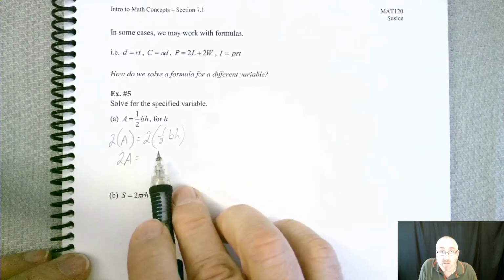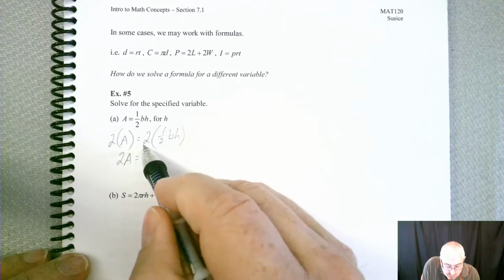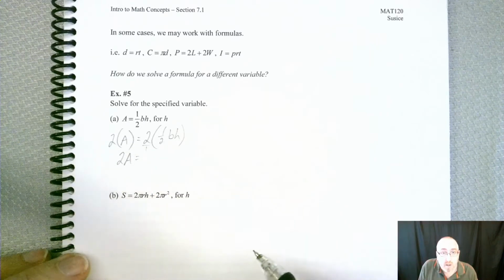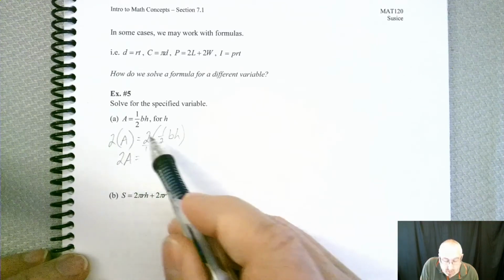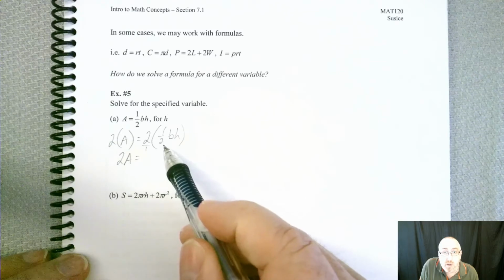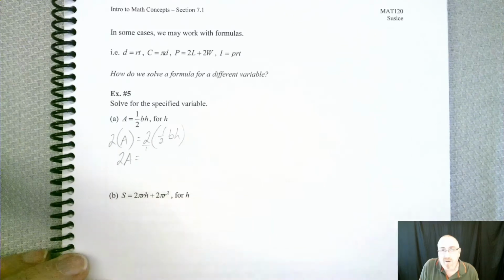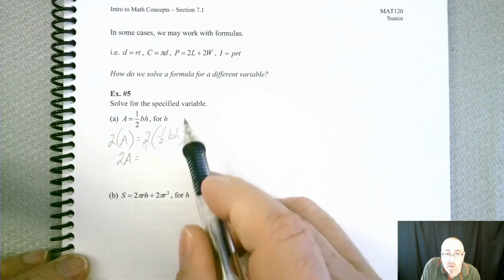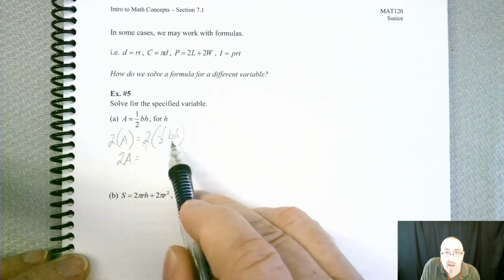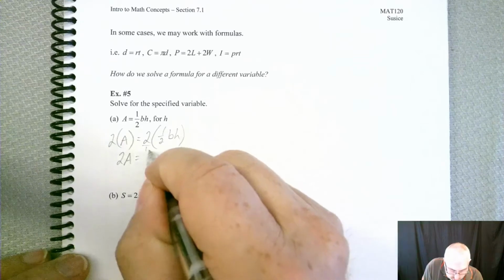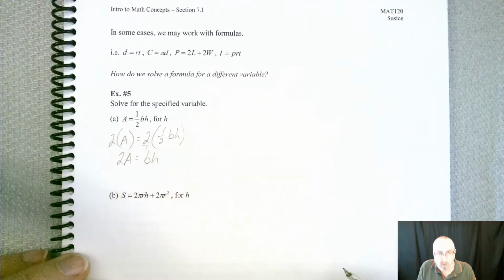However, on the right-hand side, if we think of this 2 as being 2 over 1, then we can do a little cross-canceling. The 2s are going to cancel each other out completely, and all those 1s, we don't even need them anymore. So the only thing left is just the B and the H. We're going to write that down on the right-hand side.